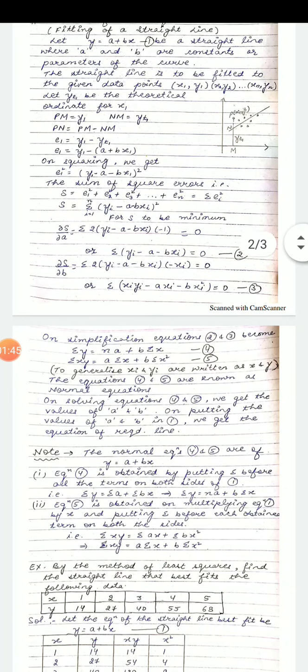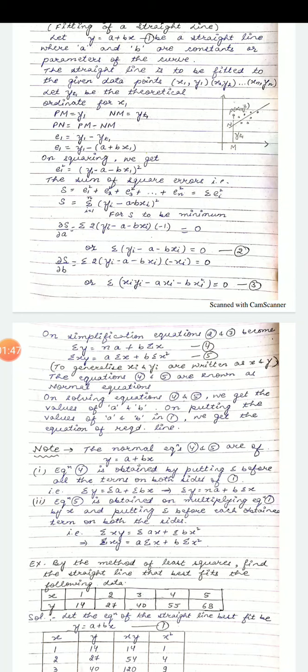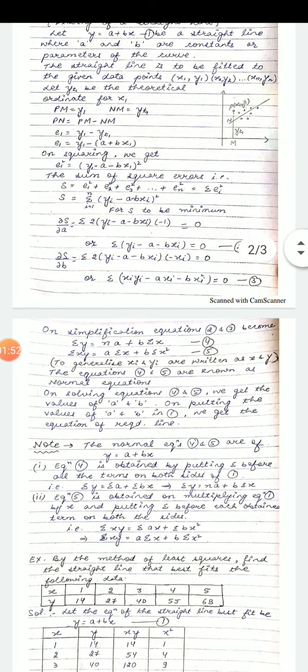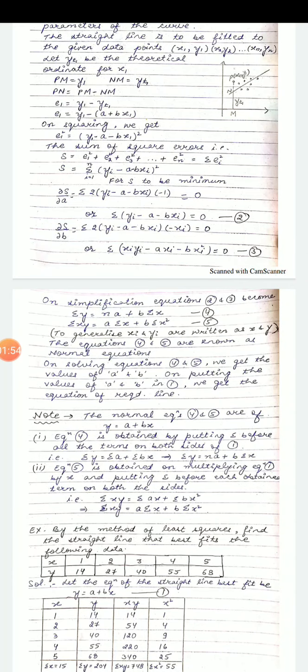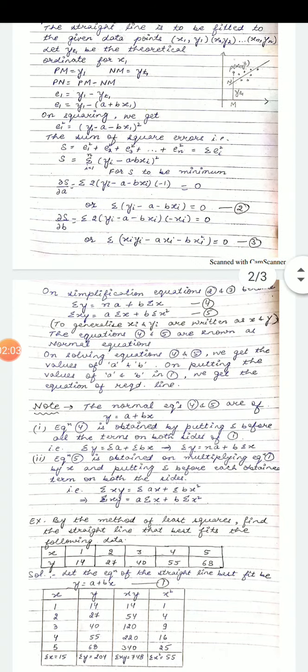So we will be calculating the other errors too. The sum of the square errors S is e1 square plus e2 square plus e3 square up till en square, that is, summation of ei square, i is from 1 to n. We substitute the value of ei: it is summation of (yi minus a minus bxi) whole square.